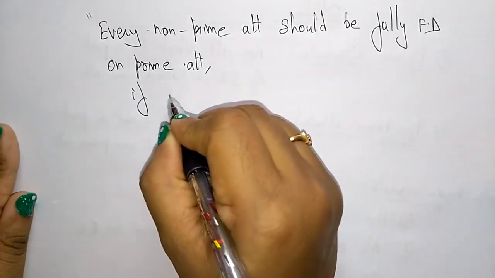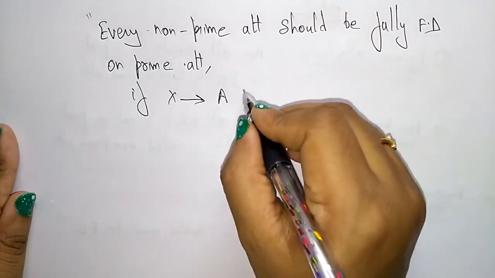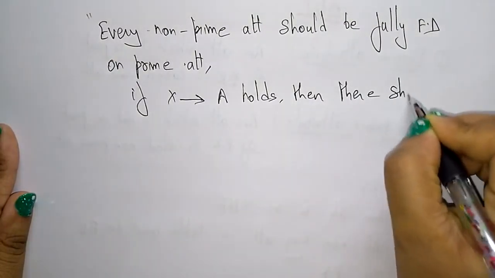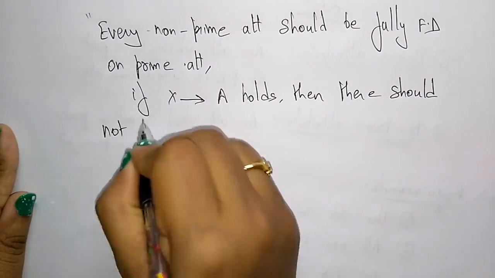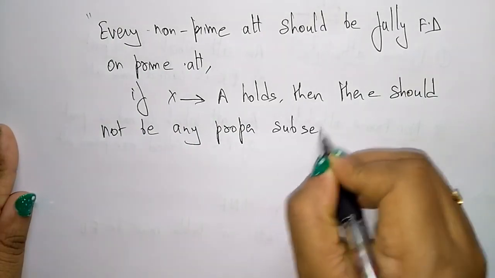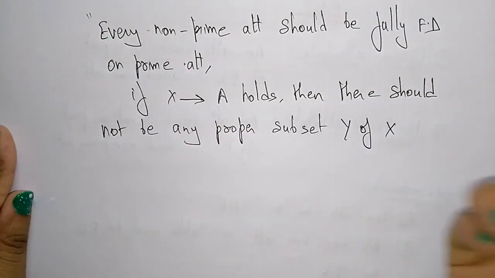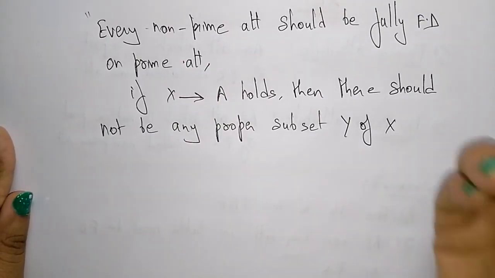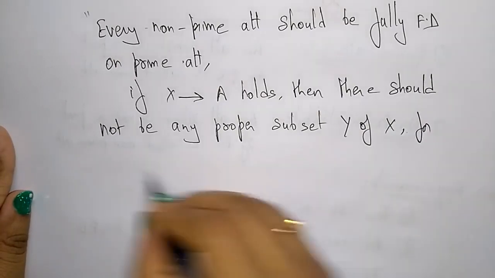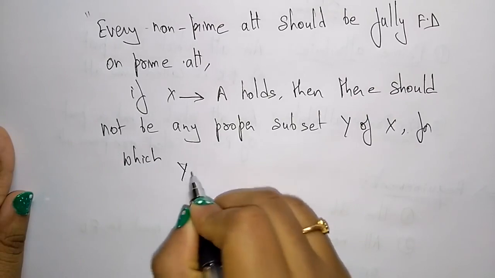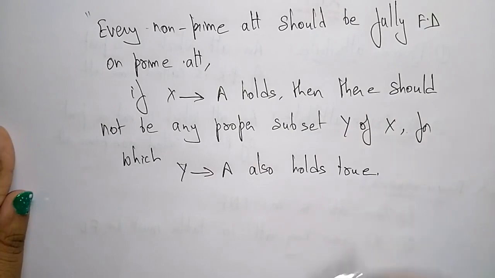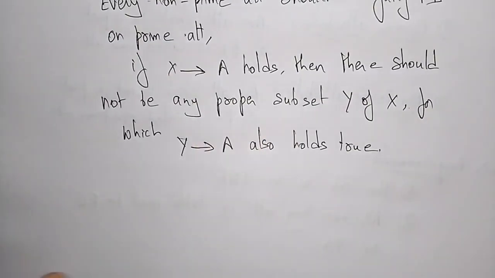If X determines A holds, then there should not be any proper subset Y of X for which Y determines A also holds true. Every non-key attribute should depend upon the whole primary key. So this is the definition of 2NF.